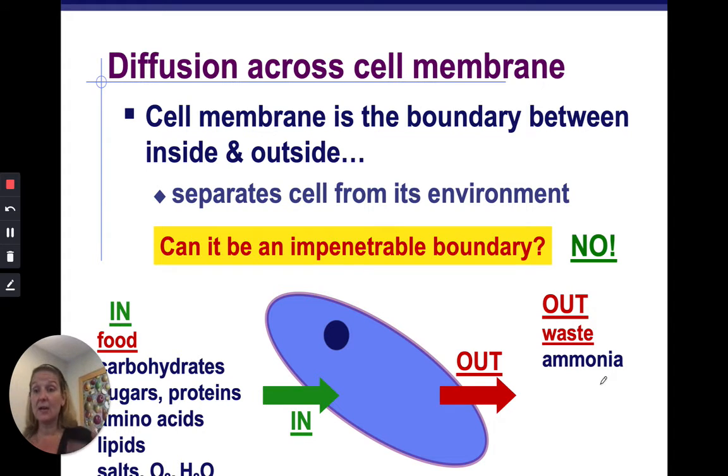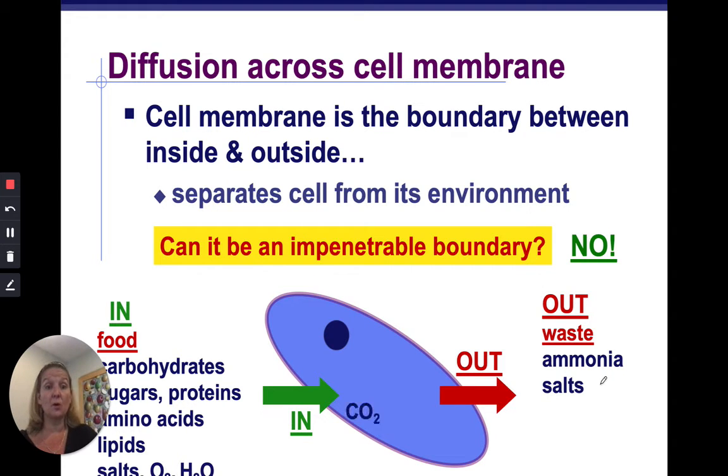That is carried in our blood, goes to the kidneys, and then we urinate the urea out of our bodies. Other organisms, for instance marine or freshwater fish, can just get rid of their ammonia without having to convert it to urea. We can't. Ammonia is too toxic for us, but they have enough water around to be able to deal with that. So ammonia's got to come out.